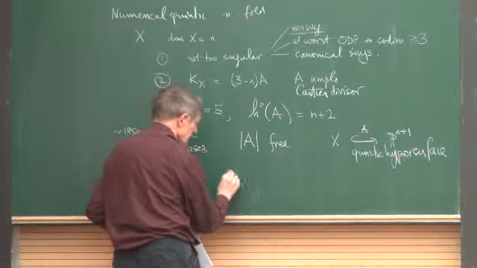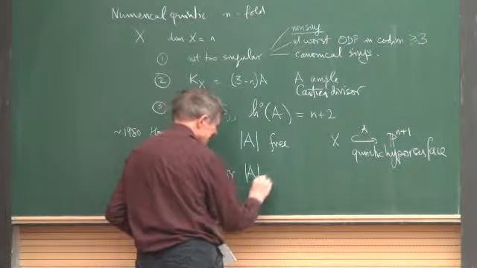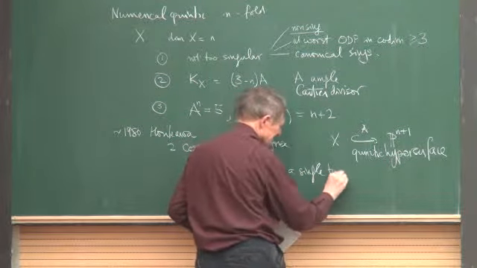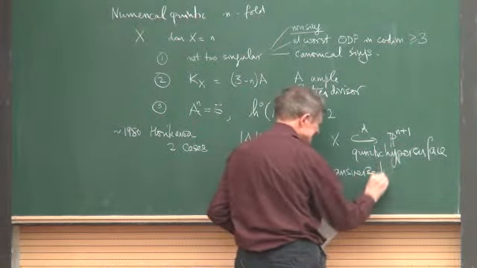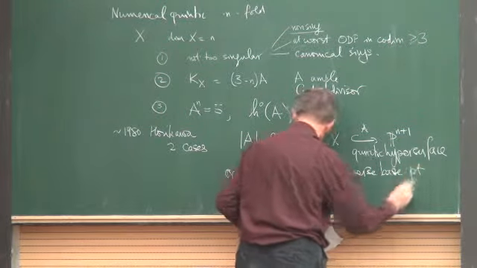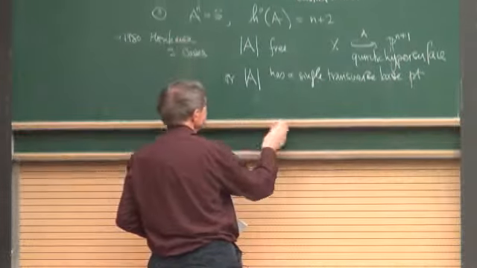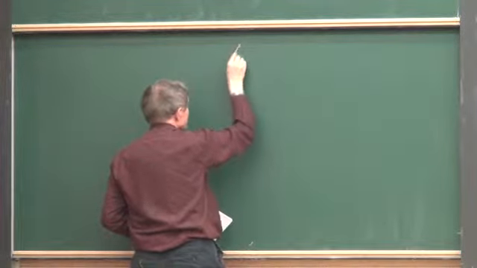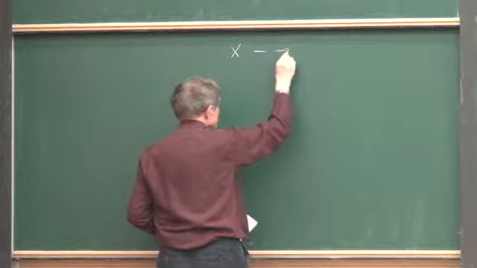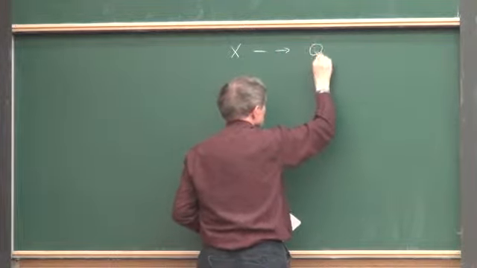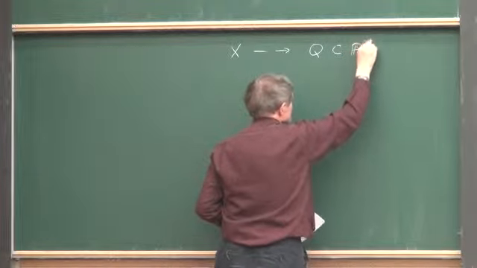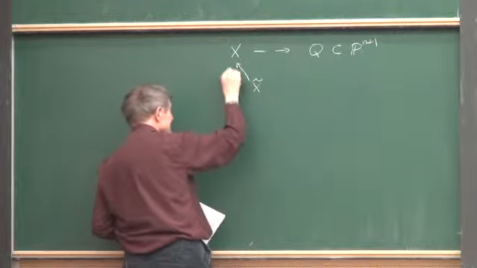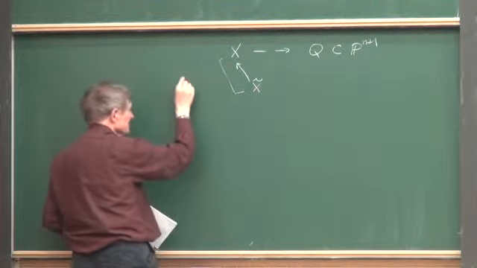Or, A has a single transverse base point, and then if you do the map given by A, it blows up this point and it goes to a quadric in P^(n+1). So then this X twiddle is the blow up of a single non-singular point.